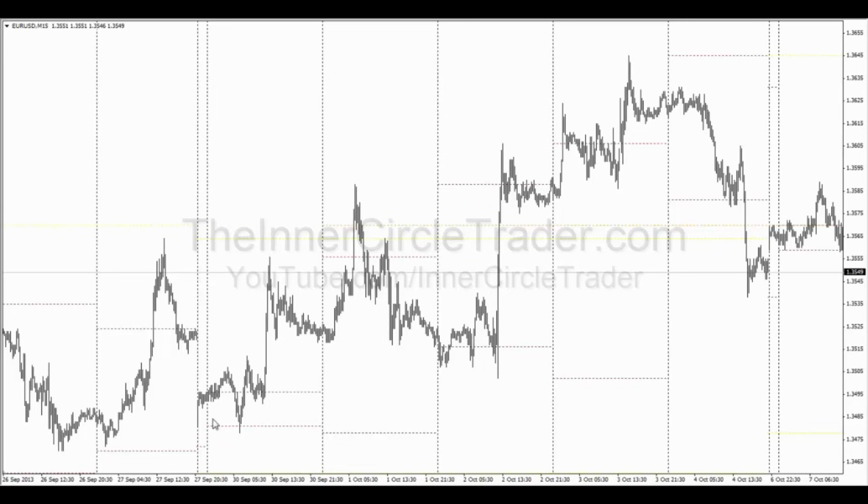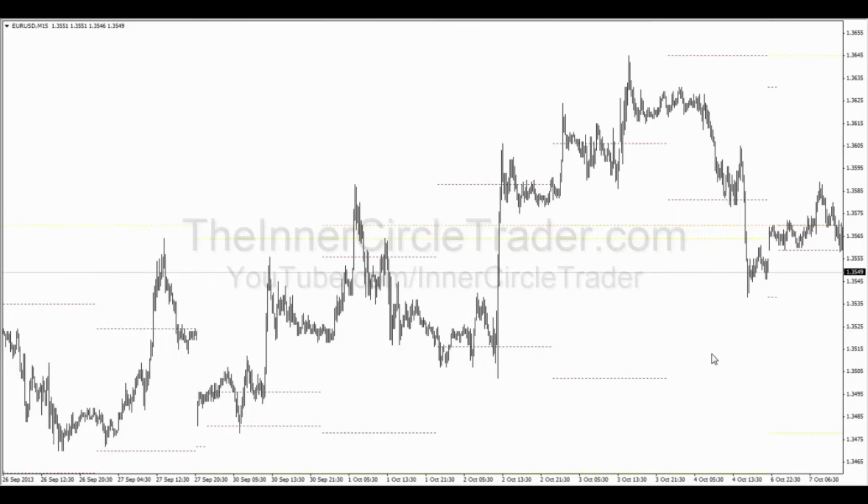So I more or less used this section of the marketplace, basically the 30th of September through the 4th of October. If you can pull that up on your chart, you'll be able to do the same markup that I'm doing here. I have each day delineated with vertical lines, and you can do that in MT4 by holding down Control and tapping Y. You can see that happening here.